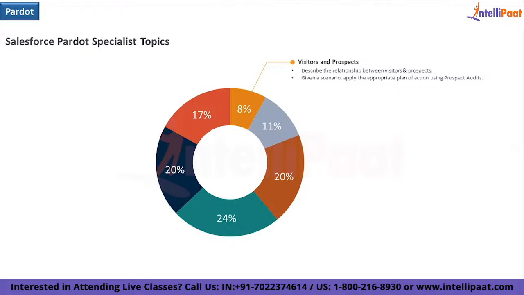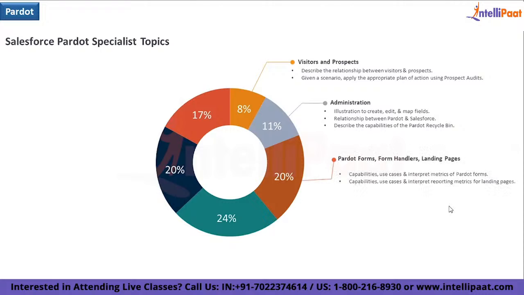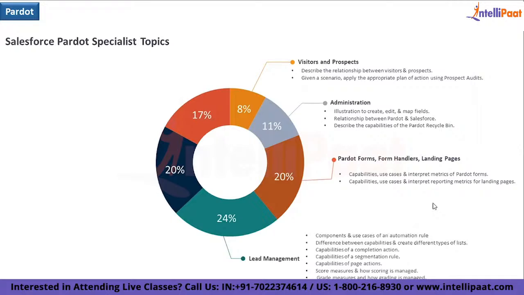So 8% will be on prospects and visitors, and 11% of the questions will be from the administration section. And again, one of the major chunks of questions will be from Pardot forms, form handlers, and landing pages. And 24%, which is the majority, will be lead management.